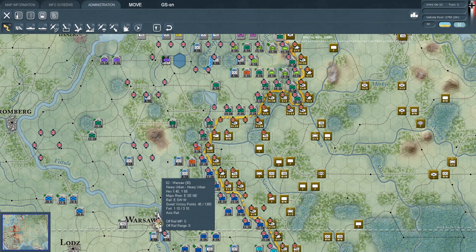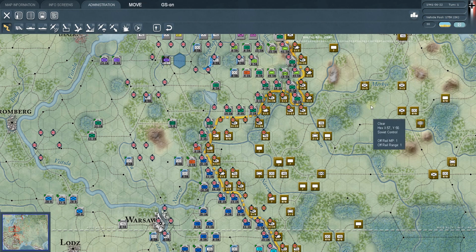Again, that's for the supply episode. I don't want to go down that rabbit hole here, but it's safe to say if they're showing you this on the pop-up, it's important how far you are off rail in movement points and in the number of hexes, which is what range is. It's very important to how many trucks you're going to have to use out of your vehicle pool, and you always want to be using the fewest number of trucks possible.